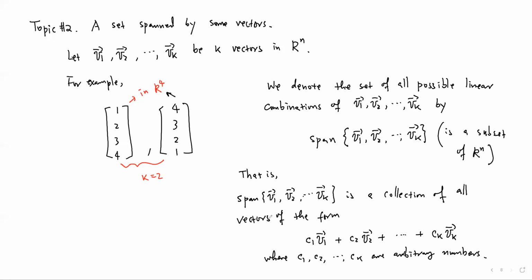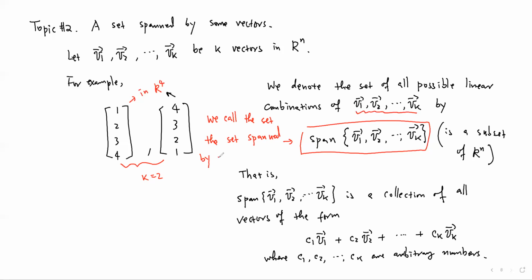How do we call this set? This is a set of vectors. We call this set the span by these vectors, by vector v1, vector v2, and vector vk.